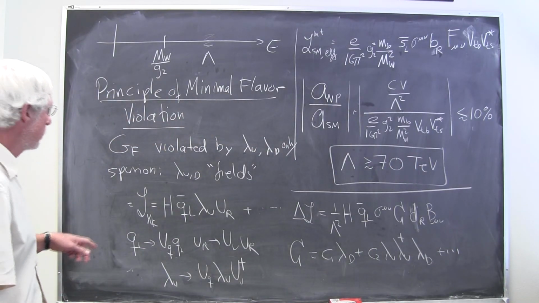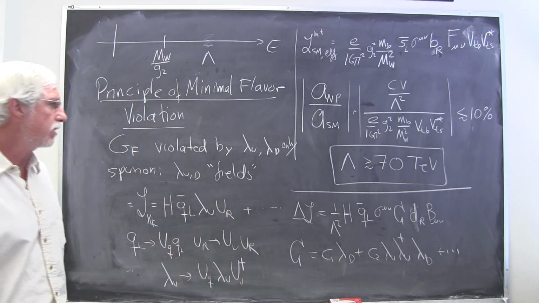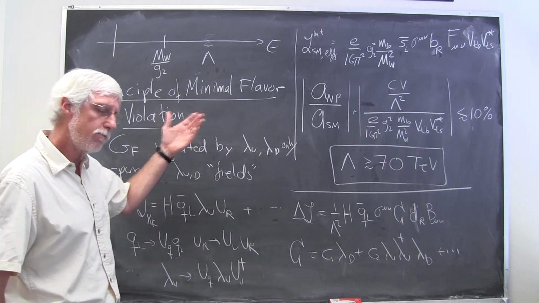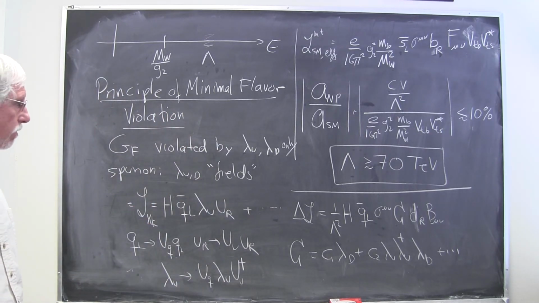Now let's see what happens. I write down this theory in a general basis, and I rotate the up left and down left fields to diagonalize the mass matrix.